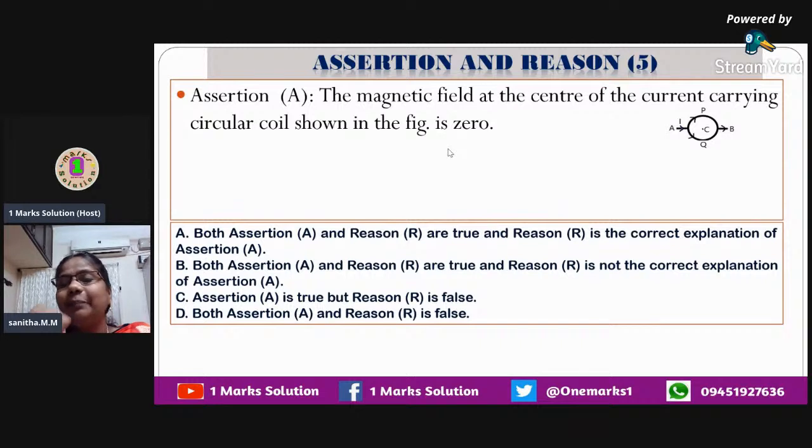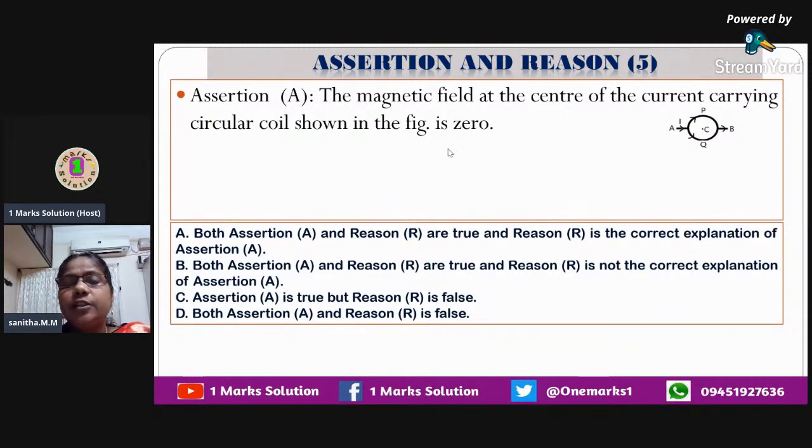If I keep it in this manner, that is anti-clockwise, we see the north pole. If you keep it in the opposite direction, the north pole is in the opposite direction. Here it will be the south pole. So the first half, clockwise, is the south pole, and the second half, anti-clockwise, will be the north pole.